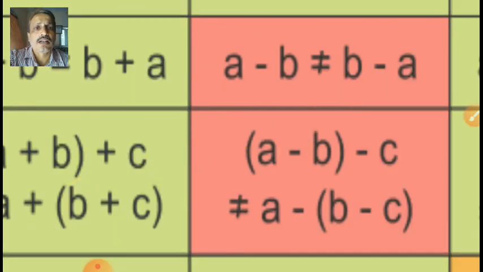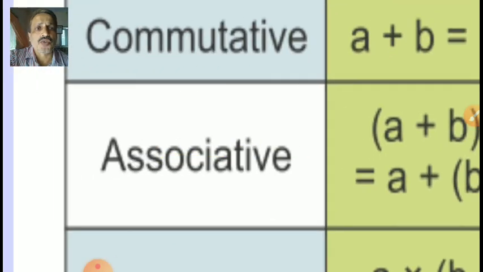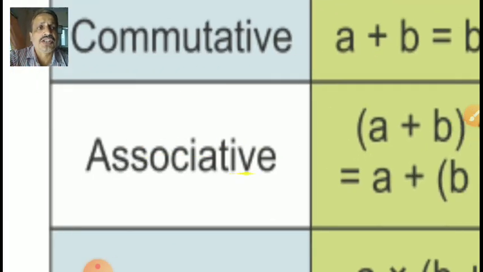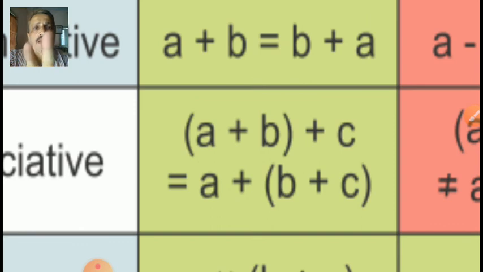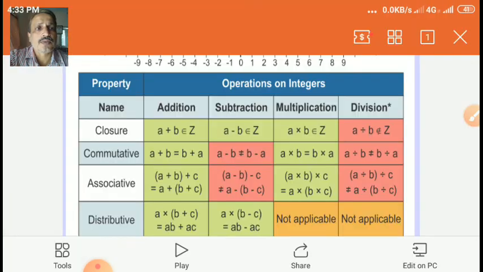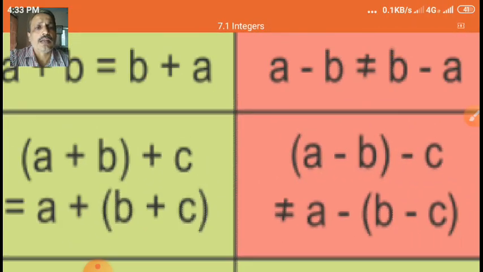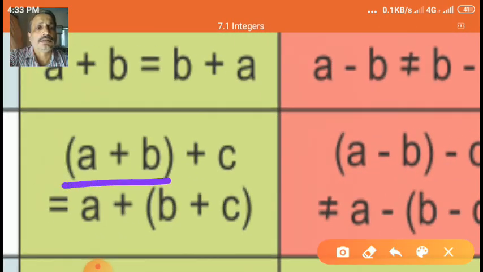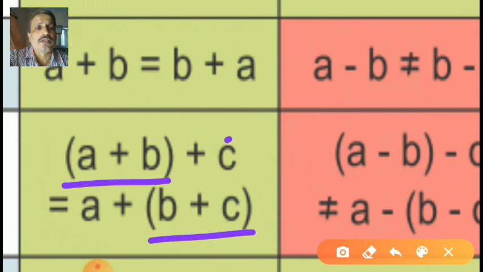Now the third property is the associative property of integers. Three numbers are there. Make two a group first, a plus b, and the third one c is separate. When you reverse it, you take the first alone and the second and third in a group. See, a plus b are together here, b and c are together here. Here c is alone, here a is alone. But both answers remain the same.